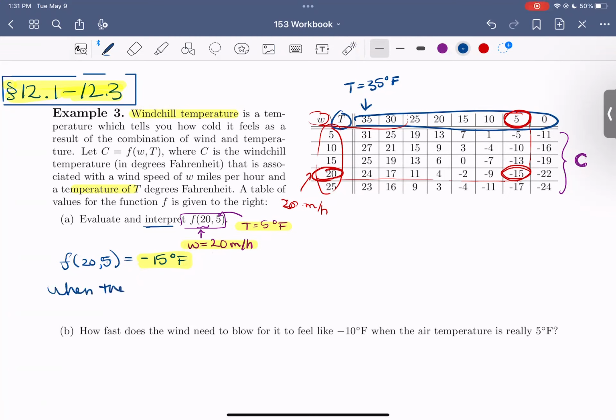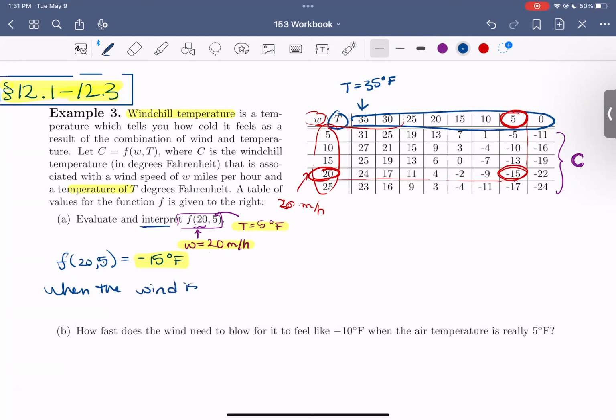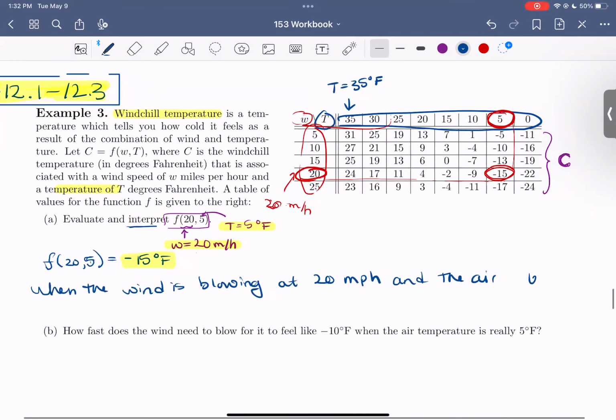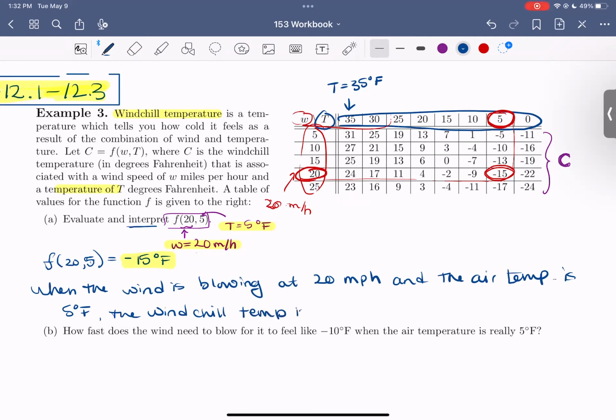When the wind is blowing at 20 miles per hour, and the air temperature is 5 degrees Fahrenheit, the wind chill, or what it feels like, the wind chill temp is negative 15 degrees Fahrenheit.